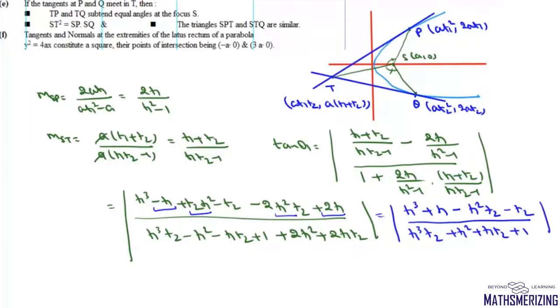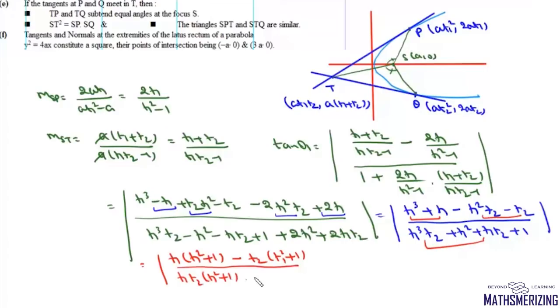Now in the numerator we'll take these two terms together and these two terms together. Here we'll take t1 common, so we'll write t1 times (t1² plus 1), and here we'll take t2 common, so again we'll get (t1² plus 1). In the denominator we'll take t1t2 common, and we'll get (t1² plus 1) plus (t1² plus 1).